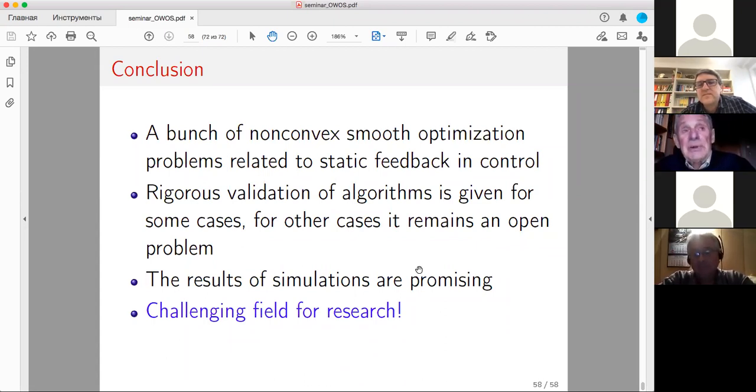The whole sequence is converging, but mostly to local minima. We have no guarantee that it converges to the global one, but the entire sequence converges.